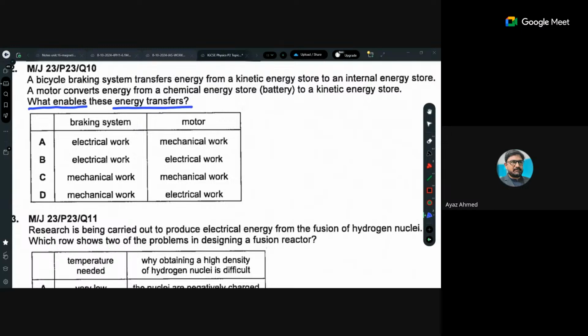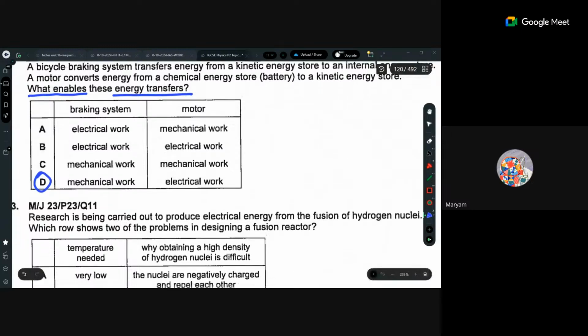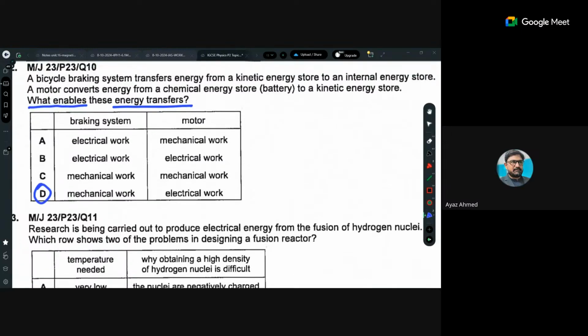In the braking system, mechanical work done is there, and in the motor, electrical work done is there. That's why option D will be correct. The braking system doesn't work electrically, does it? No.